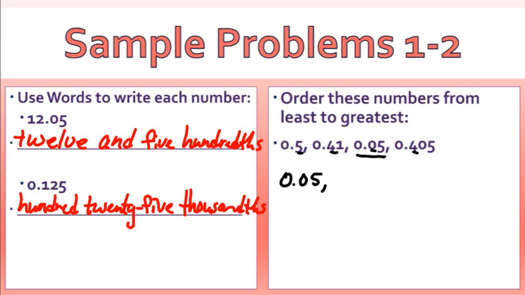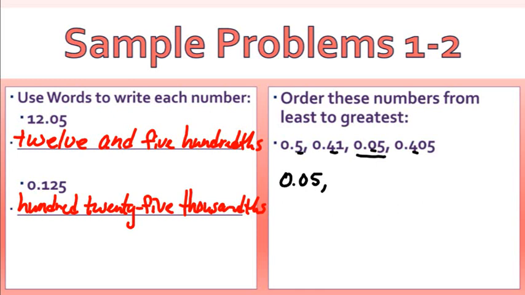Then we look at 0.41, so 41 hundredths, or 405 thousandths. 405 thousandths would be smaller than 41 hundredths.